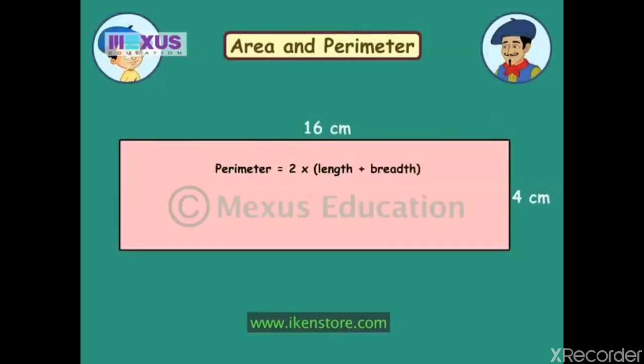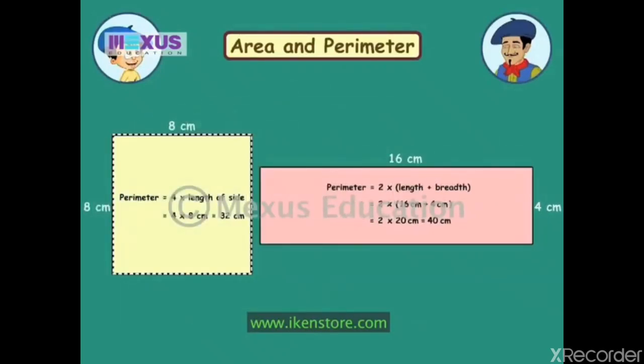For this rectangle, length plus breadth is 16 centimeters plus 4 centimeters, that is 20 centimeters. The perimeter is twice that value, or 2 multiplied by 20, that is 40 centimeters. The perimeter of the square is 32 centimeters and the perimeter of the rectangle is 40 centimeters. Their perimeters are different, even though their areas are the same.